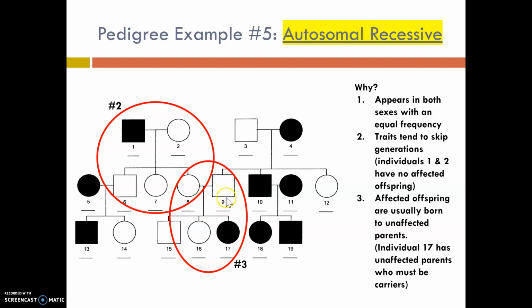The only way that we can have an affected person come from unaffected parents is with a recessive trait. So that is the thought process that you need to follow when doing all of these pedigree practice problems. We're going to do more practice of this in the next week, so we're going to be pros at this by the time you are done.